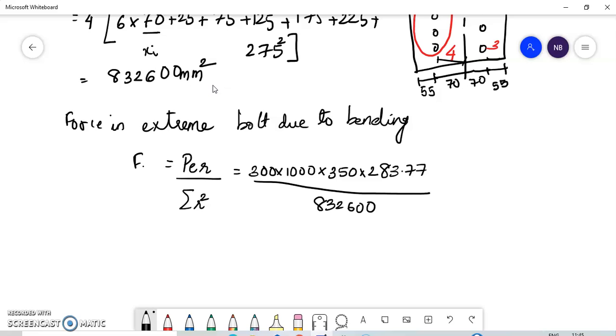This is the force F2, and it is equal to Newton.